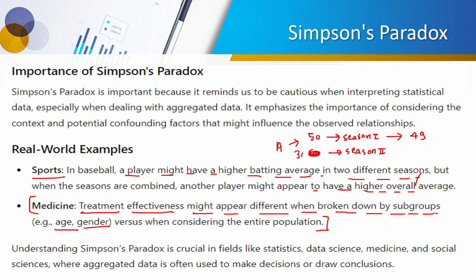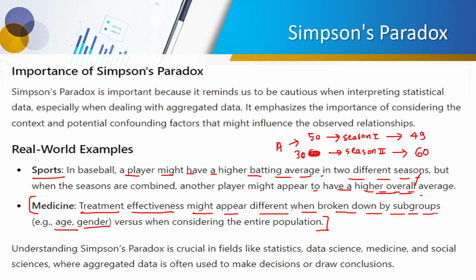So this might be 30. If you take the average, you might have this one as higher if they are acting as separate ones. But when the seasons are combined, the other player might have the greater average here. So here you might have one person with an average like 61, 60. In this way, this person has the higher overall average. In this way they consider the example.